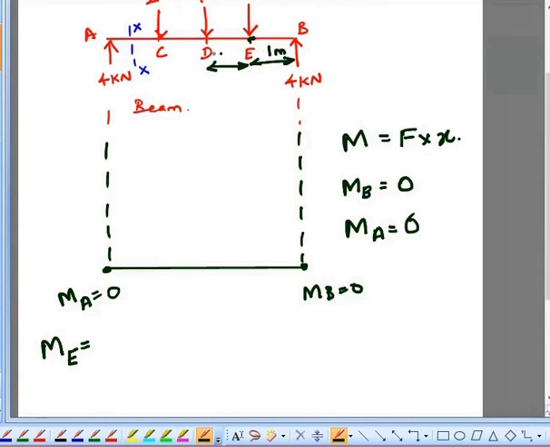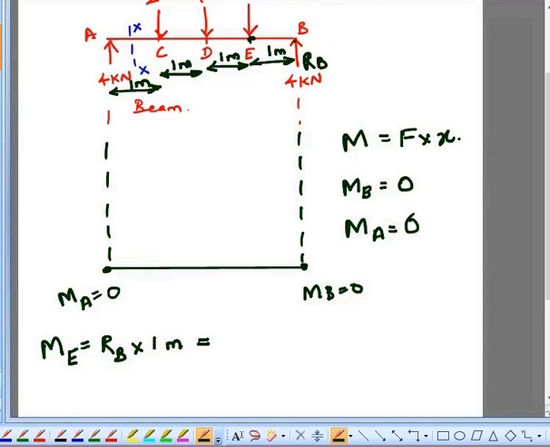So you put the distance like this. To find the moment at point E, you have to take this force 4 kilonewton, that is the reaction at B. So RB into 1 meter.